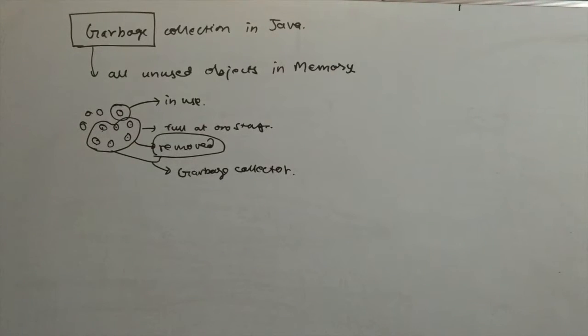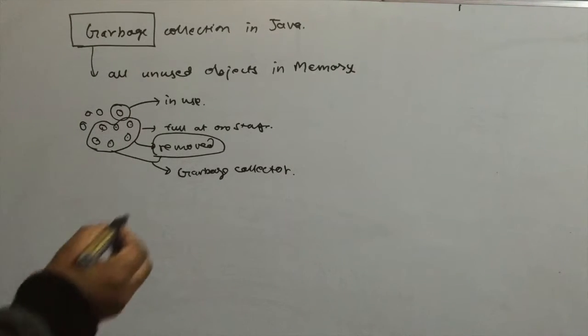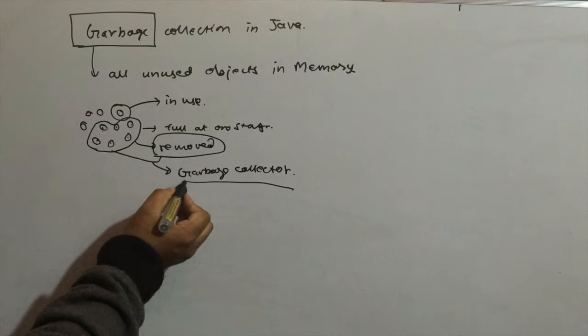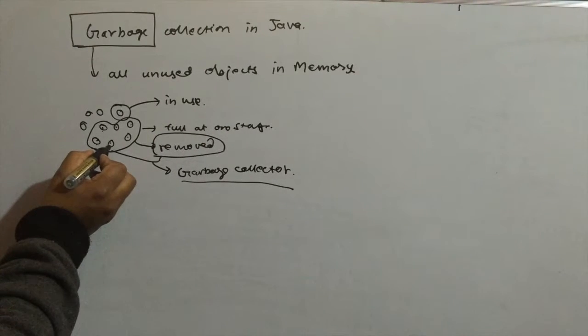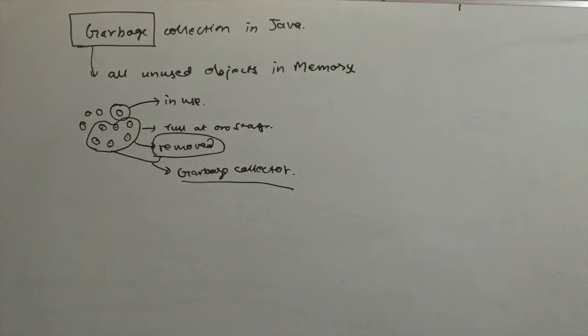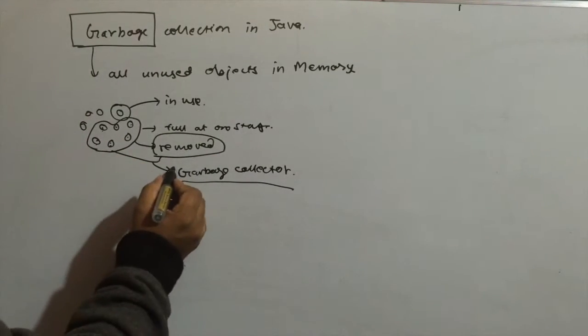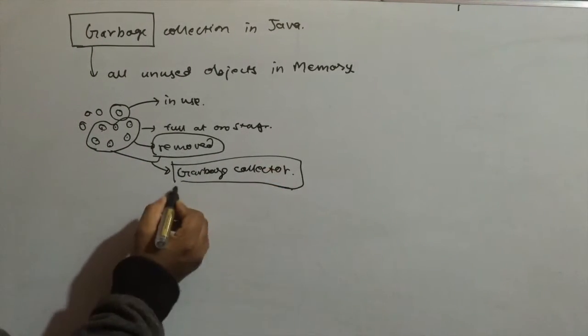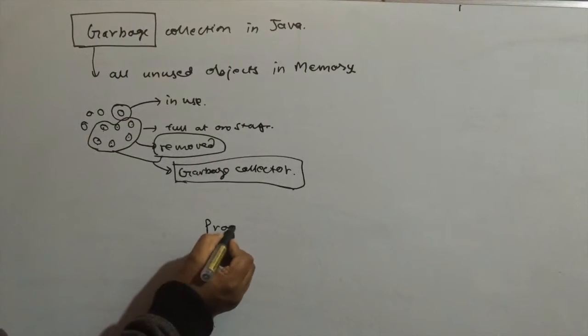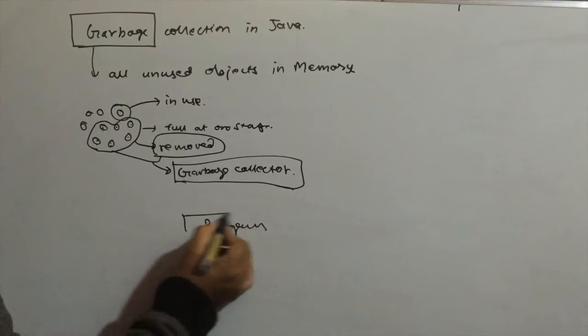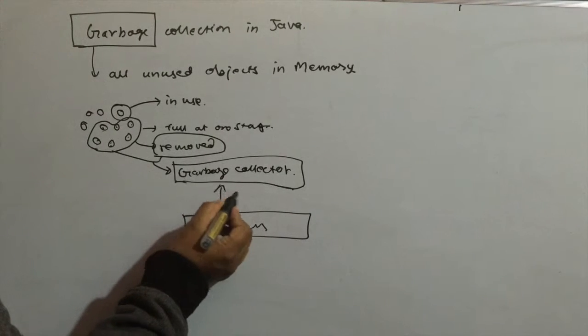So it is an automatic process. The garbage collector identifies the unused objects and removes them automatically. This garbage collector and the program run in parallel to each other.